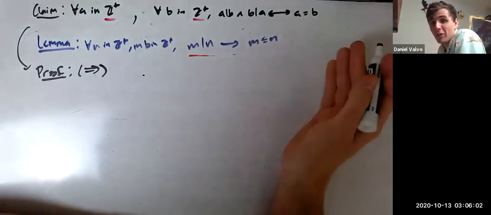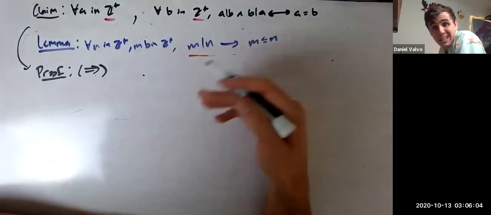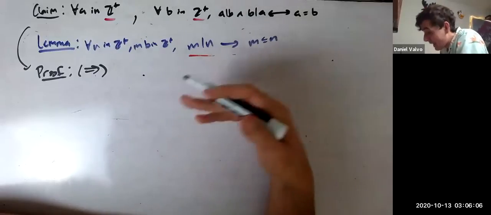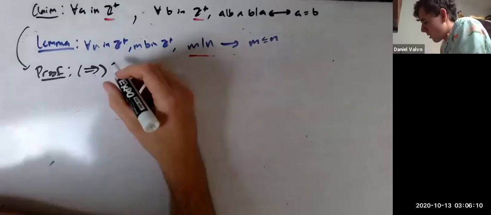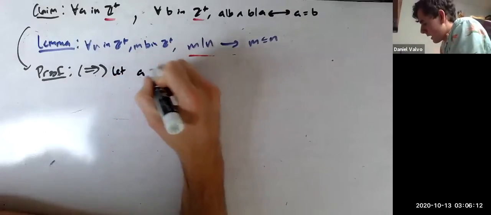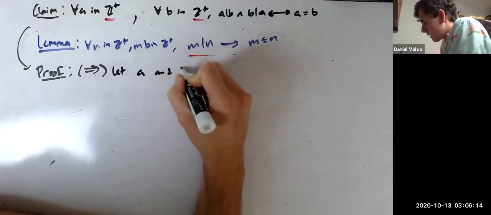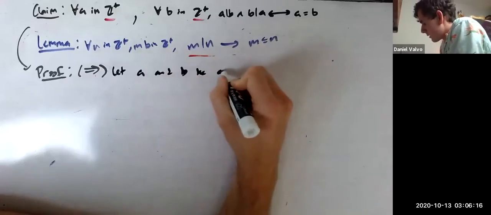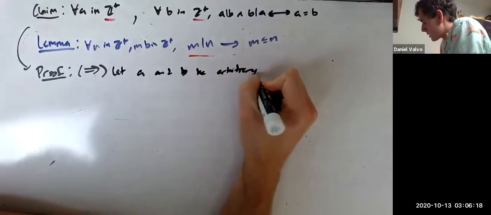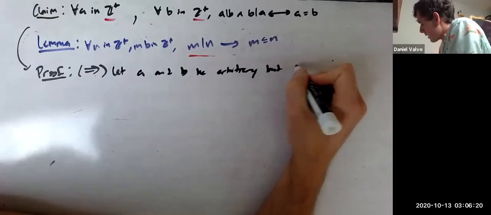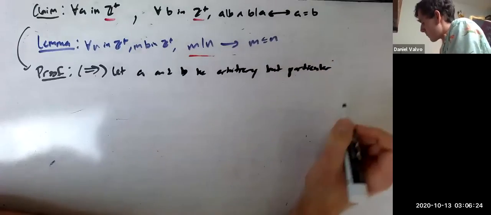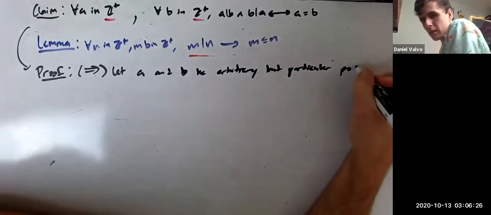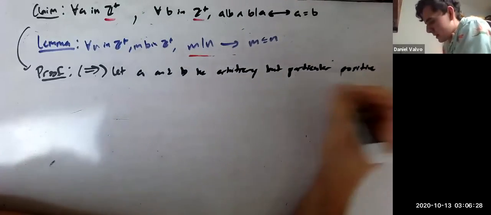So we always start with the whole arbitrary but particular thing, because it's how direct proofs work. Assume A and B are any integers. If it works for any of them, it works for all of them. So let A and B be arbitrary but particular positive integers.